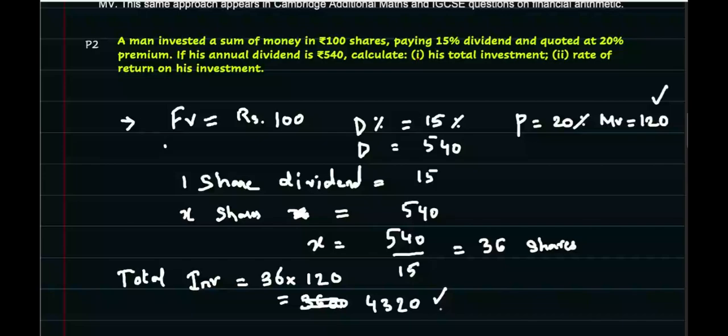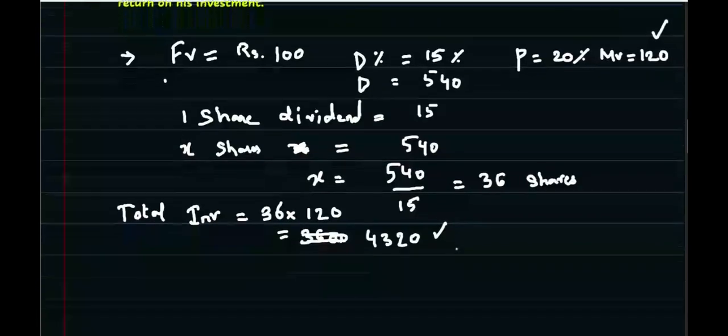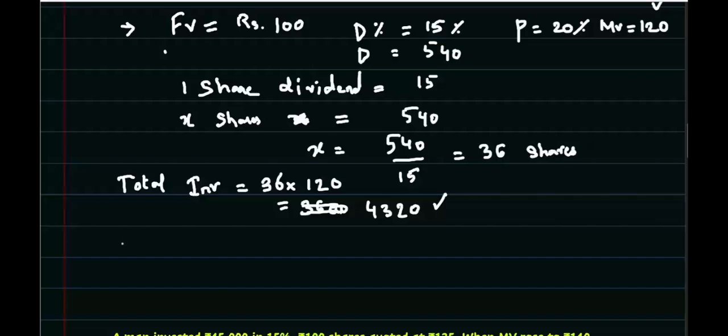What about the rate of return? You know very well what you need to do for rate of return. You need to find out how much amount you are getting in the form of dividend, then divided by the total investment. So you will get the rate of return.